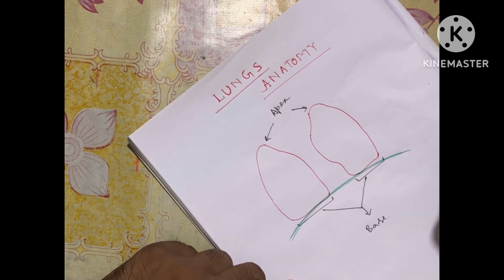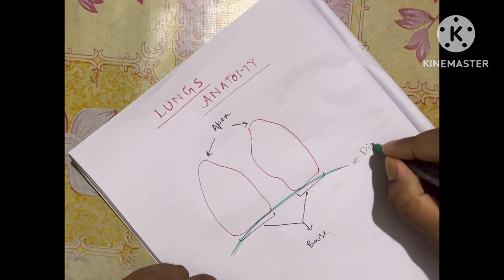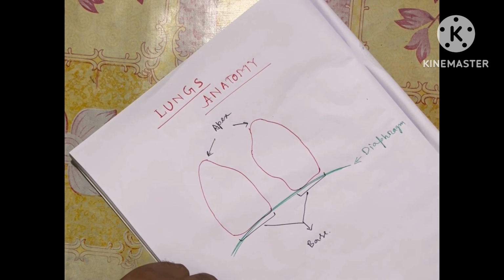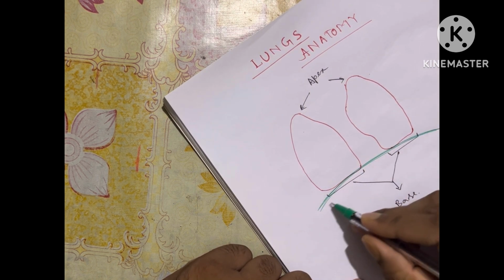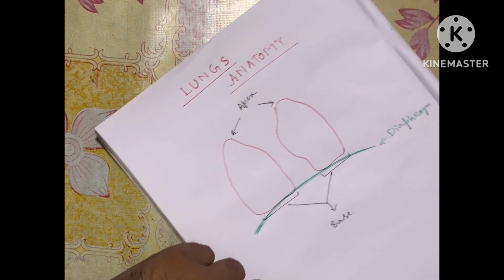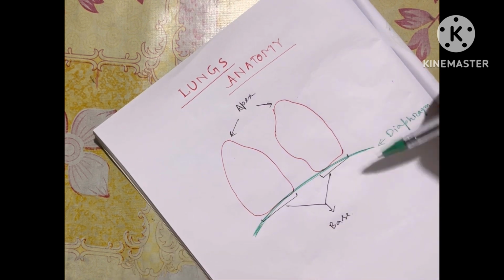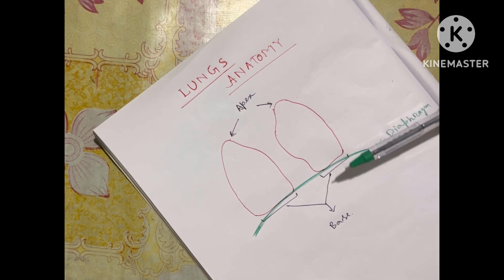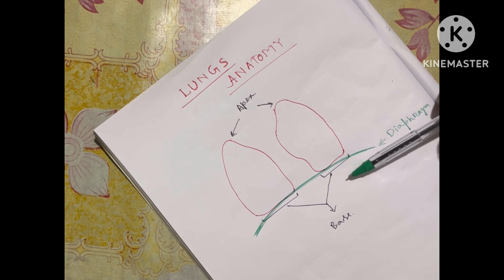I am drawing the diaphragm in green color. So the base of our lungs rests upon the diaphragm, and the diaphragm is a convex structure when it is in relaxed position.